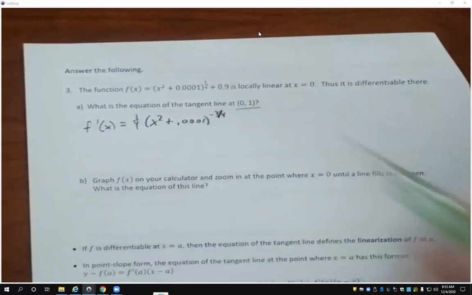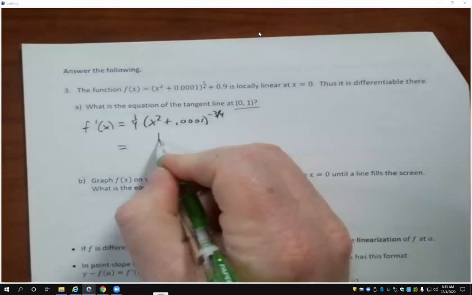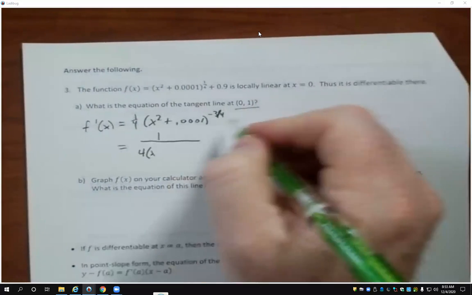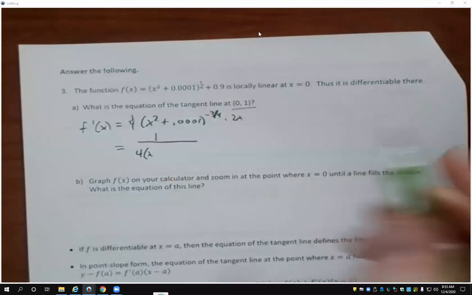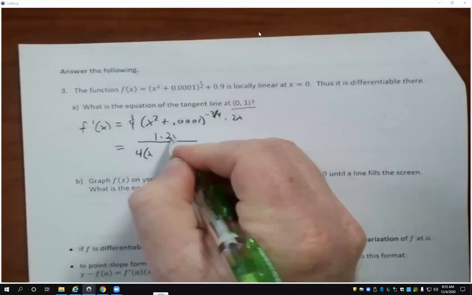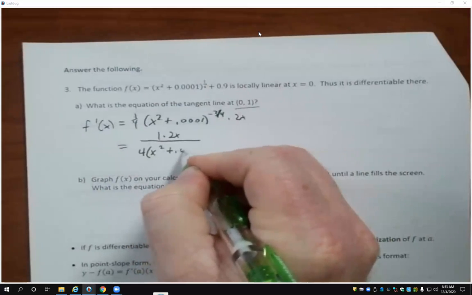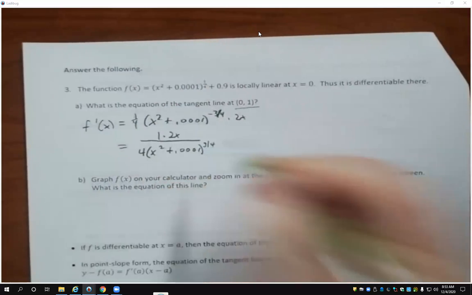And then the derivative of 0.9 is 0. So obviously this is an ugly function. It's 4 over, chain rule, derivative of x squared is 2x. Forgot that chain. So we have 2x in our numerator, and we have 4 times x squared plus 0.0001 to the positive 3/4 in our denominator.